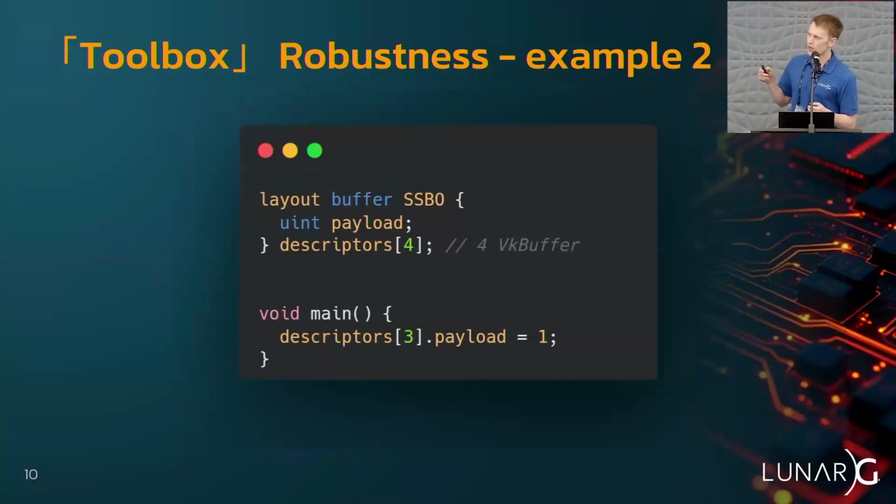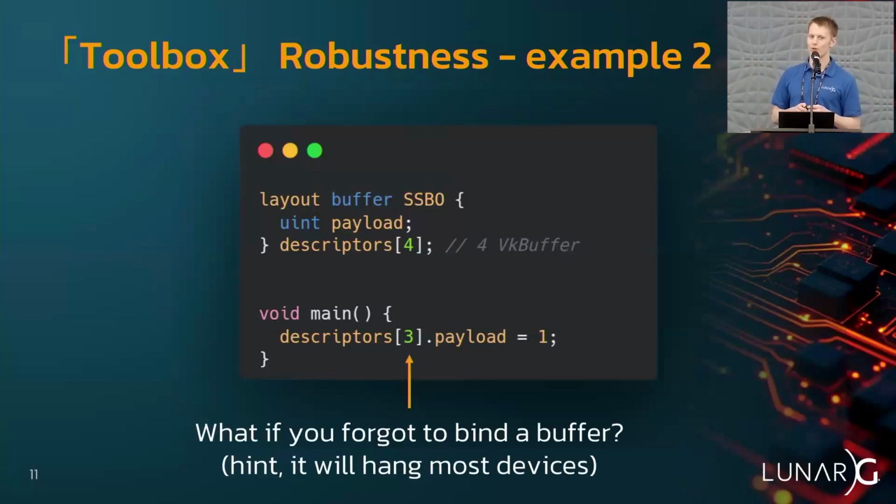In this case, we have descriptor indexing. You have 4 buffers in your array here, and you're indexing the third one, but you're using partially bound indexing. So maybe you've never bound this buffer, and now you're accessing an undefined value. This hangs my personal device, so I know it might hang yours.